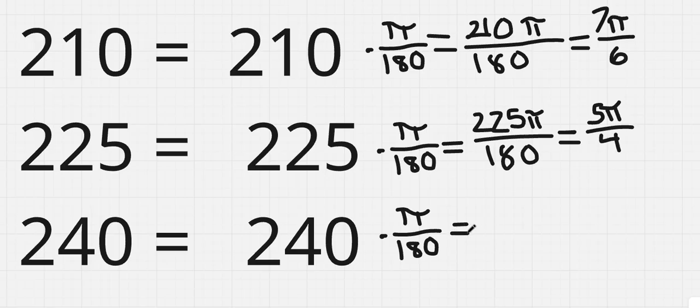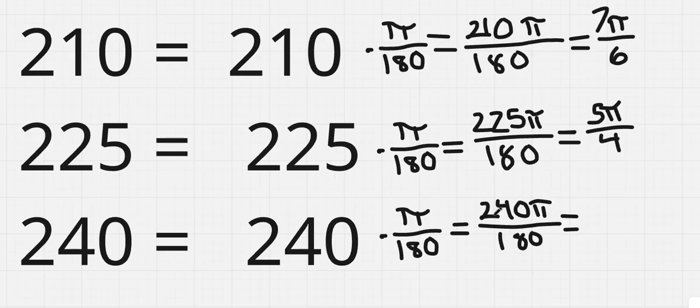Let's keep going. 240 degrees converted to radians is 240 pi over 180, which has a greatest common factor of 30. Well, actually, it has a greatest common factor of 60. 30 is also a factor, but the greatest common factor is 60.